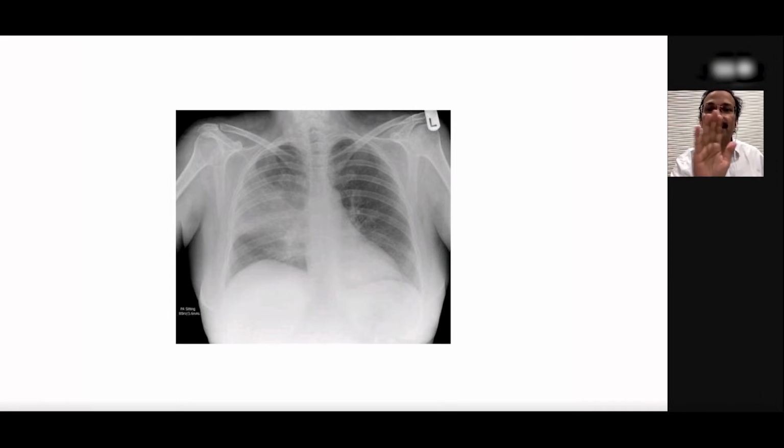So it is neither pulled nor pushed. The heart is in place, the diaphragms are in place. So that is what we can say. It's an inhomogeneous opacity in the right upper zone or the mid zone, which is not shifting the mediastinum. So if I know the history, then I can call it a consolidation.